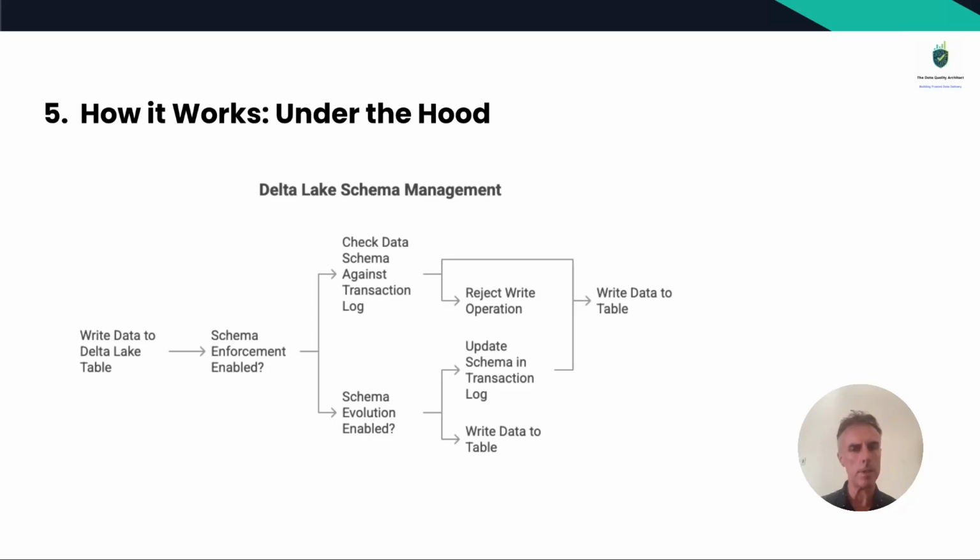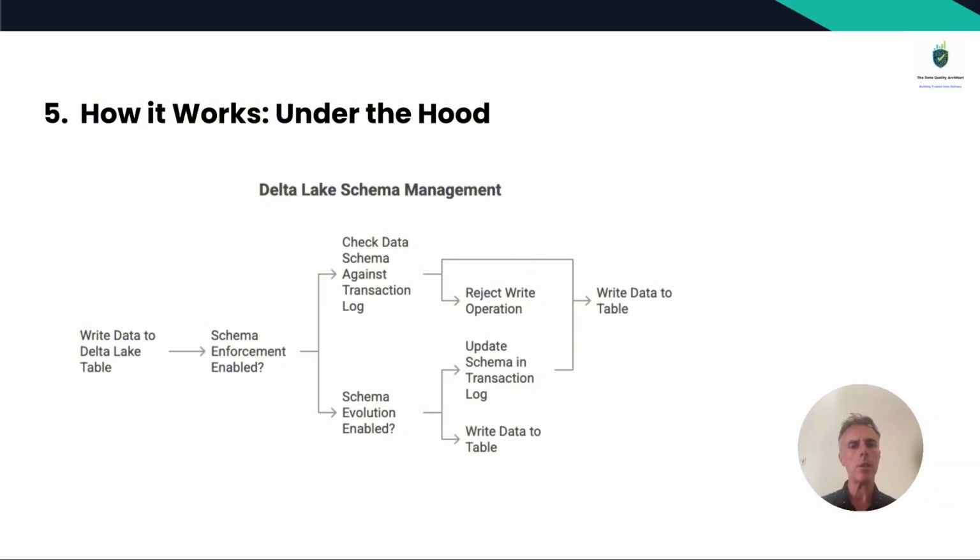If enforcement is enabled, Delta Lake will reject the write operation if the schema doesn't match. But if schema evolution is enabled and the schema change is approved for evolution, Delta Lake will automatically update the schema in the transaction log to accommodate the new data.